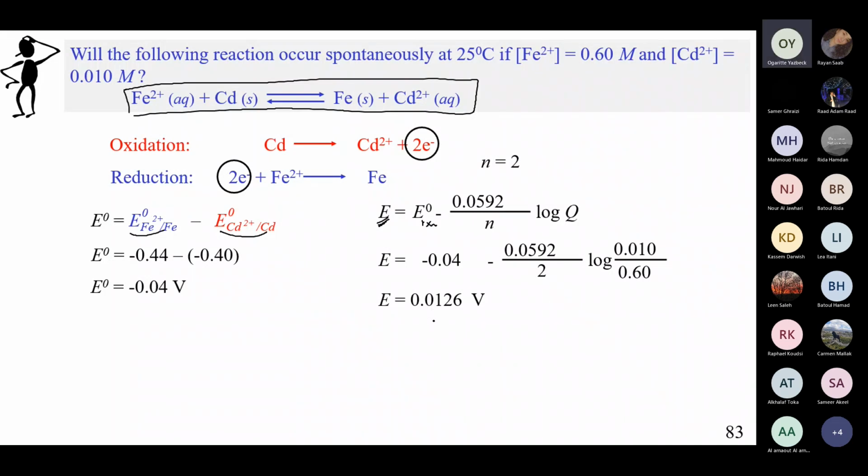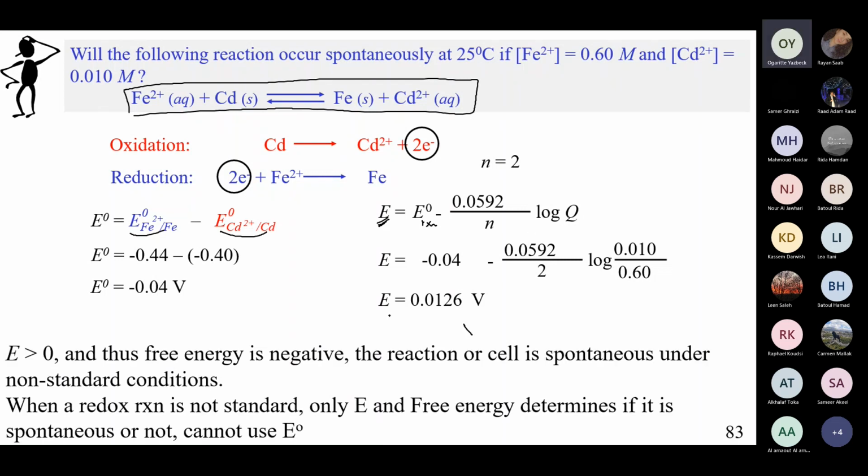Is this reaction spontaneous? Yes, it is. As long as the E is greater than 0 under these conditions, this reaction is spontaneous under non-standard conditions. It was not spontaneous if they were standard conditions.